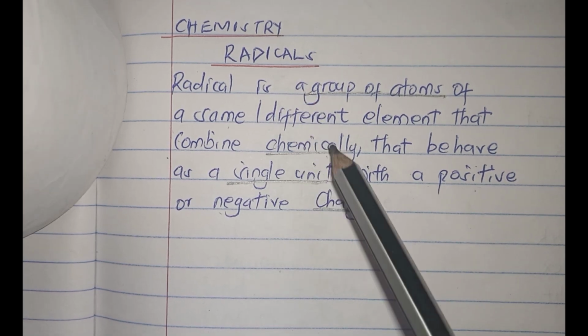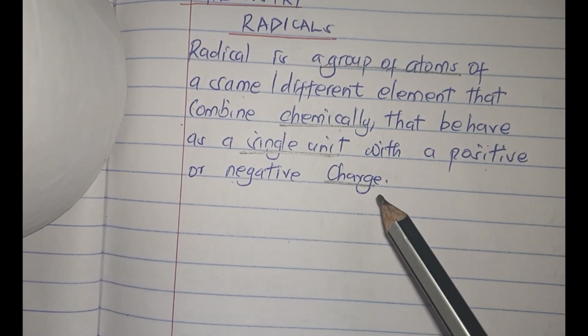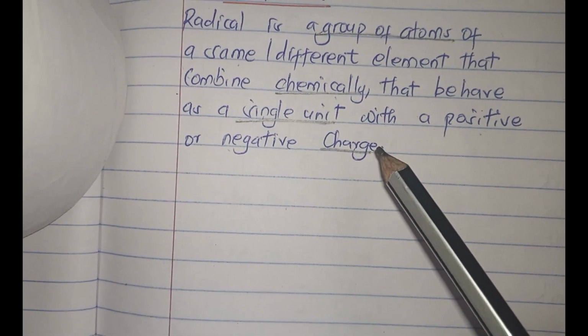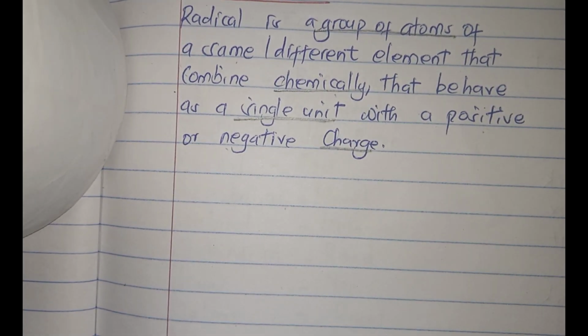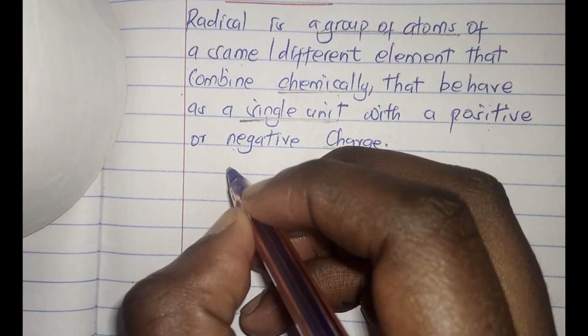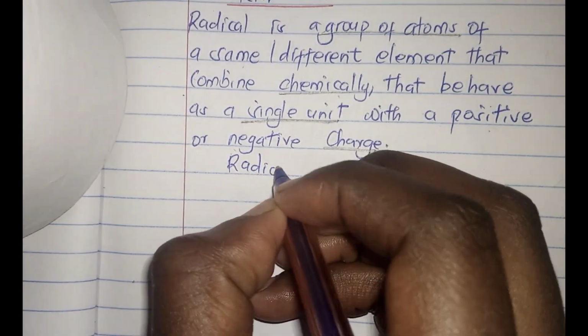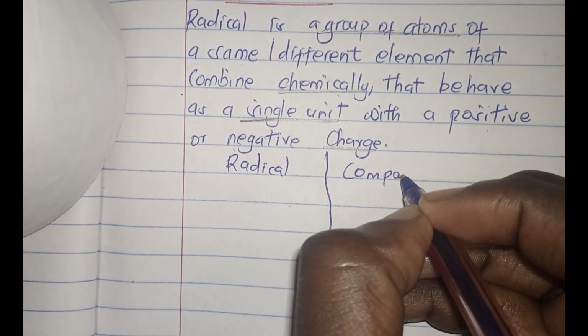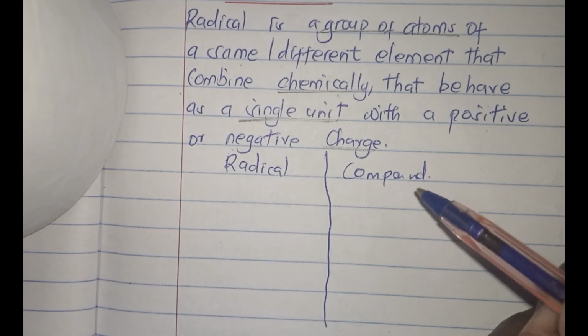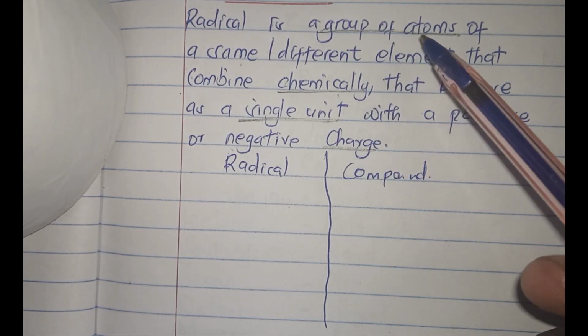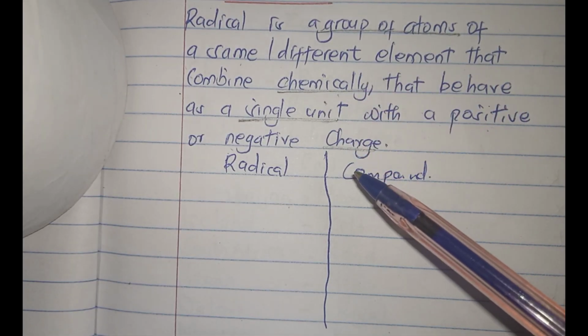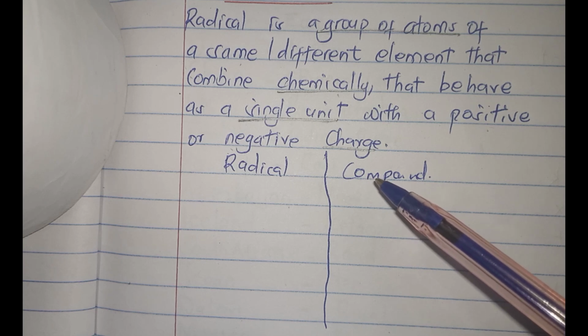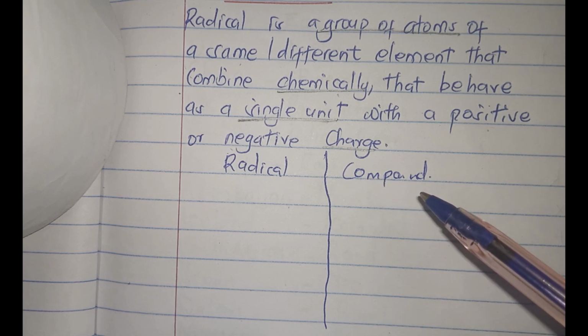Radicals are totally different from compounds. So what is the difference between a compound and a radical? Compounds are also groups of atoms of the same or different elements that chemically combine together and behave as a single unit.